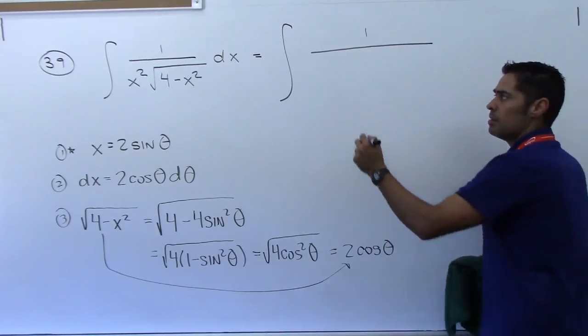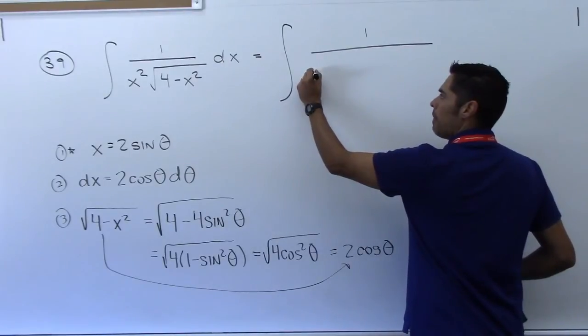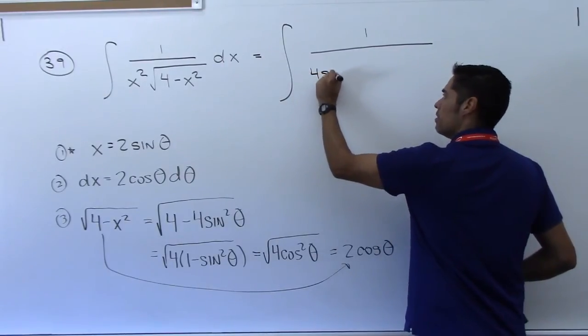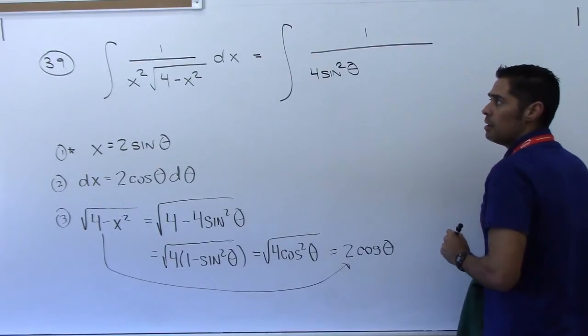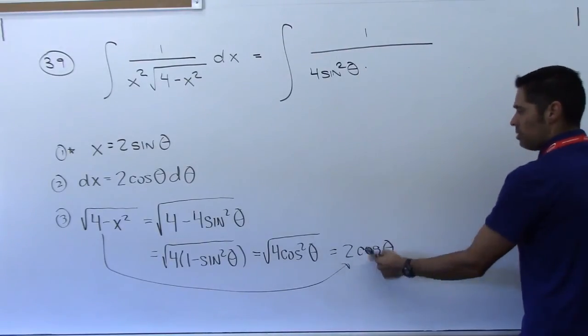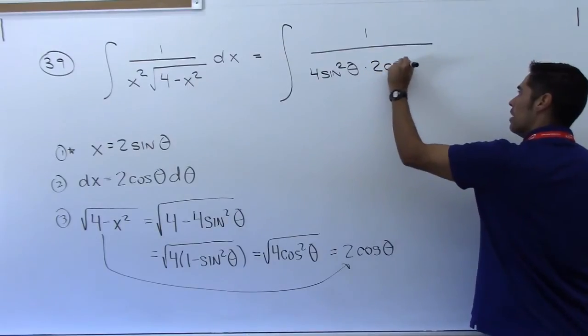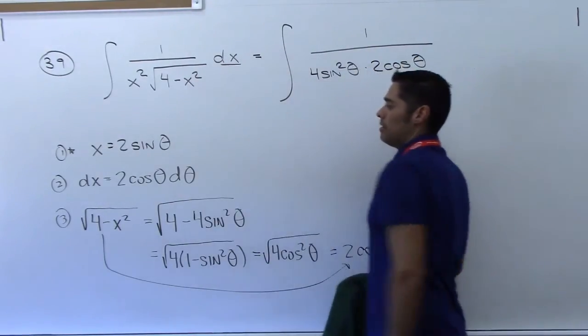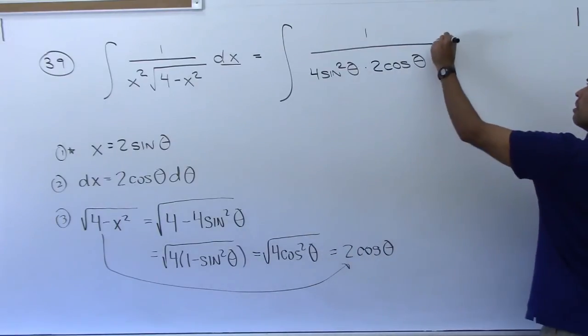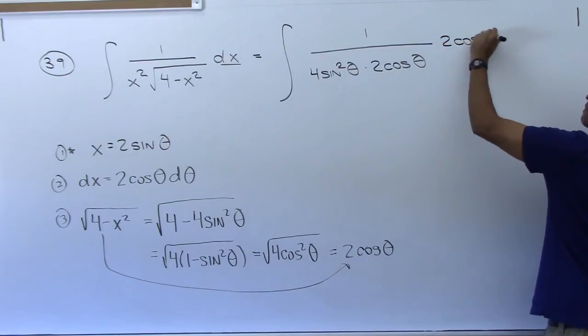So that's 4 sine squared theta. Good. So that's what x squared is. Times 2 cosine theta, because that's what the root is. And don't ever forget dx, which is 2 cosine theta d theta.